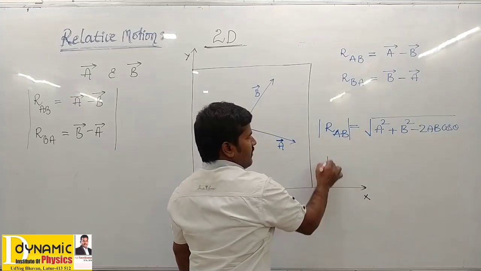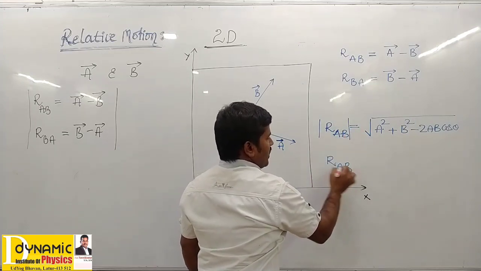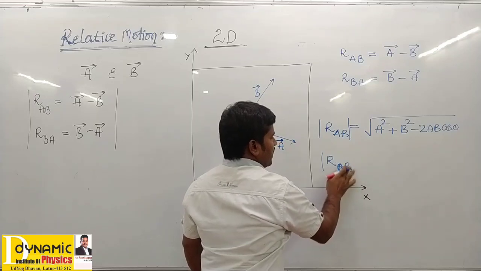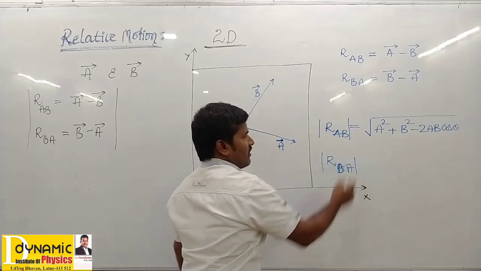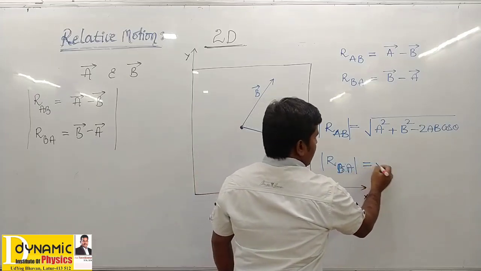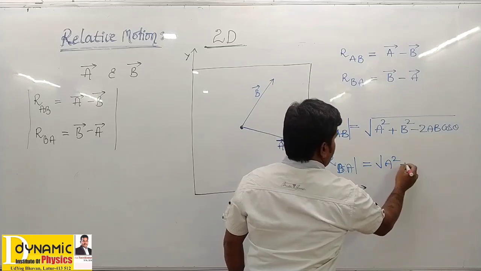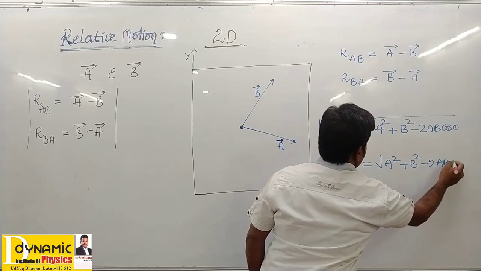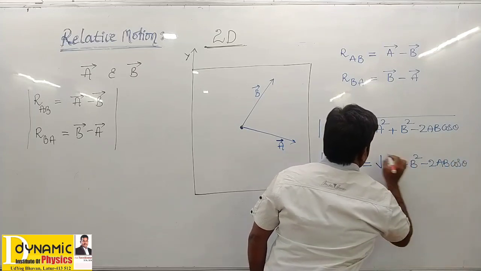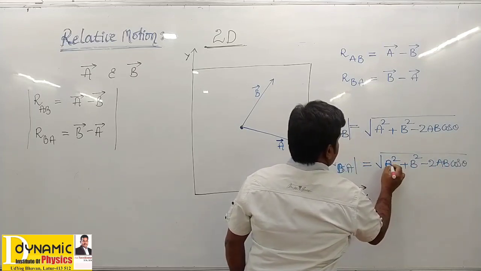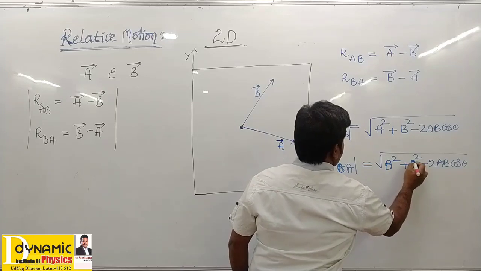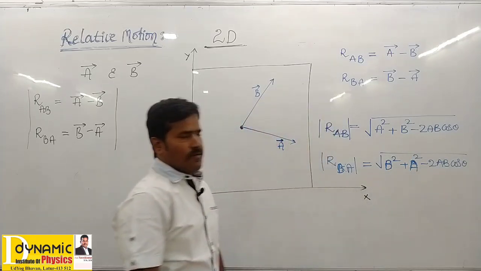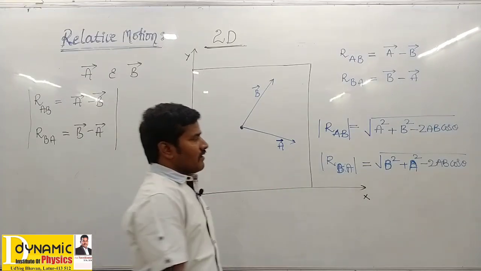Similarly, the relative motion of B with respect to A has the value square root of B squared plus A squared minus 2AB cos theta.